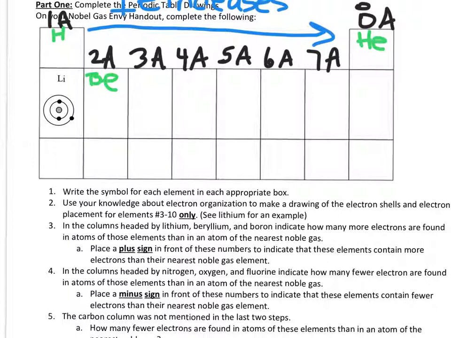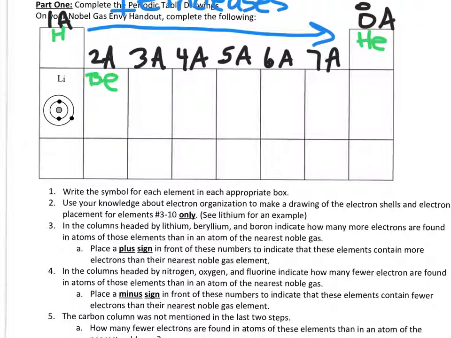Number 2, you're going to use your knowledge about electron organization to make a drawing of the electron shells and the electron placement for elements number 3 through 10 only. That's why those boxes are bigger in size than all the other boxes on your handout. All right, so see lithium, for example. So this is exactly what you guys were doing last lesson.